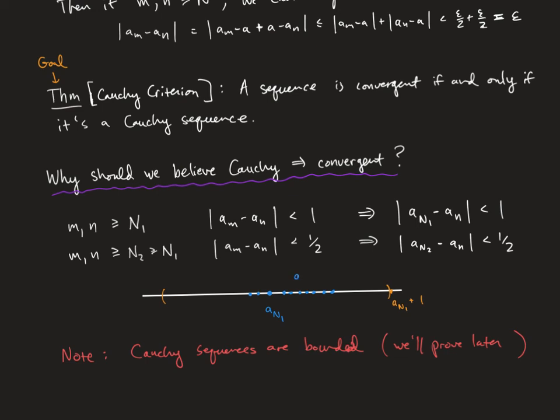So let's see if we have an2 here. Then what we know is that all of the sequence has to fall within 1/2 of that thing. So let's see. So we have this kind of tighter bound. After this n2 point in the sequence, everything beyond that has to fall in there.